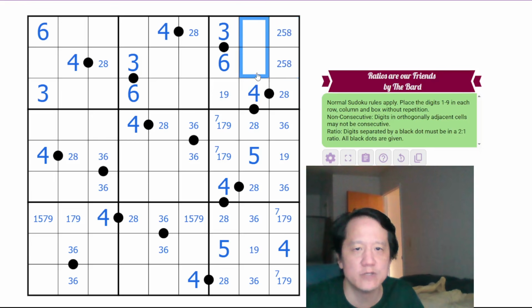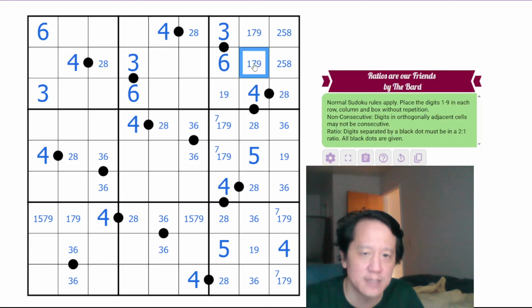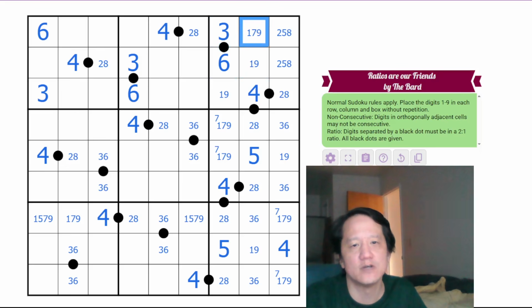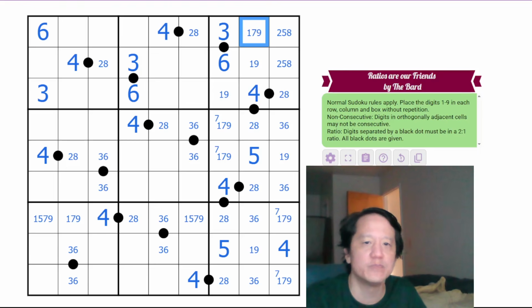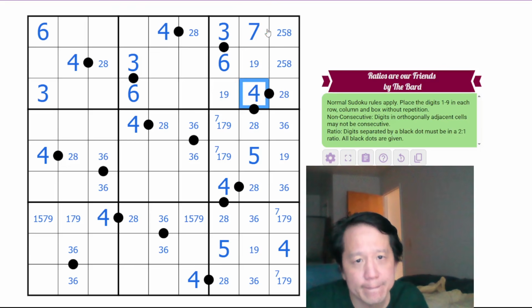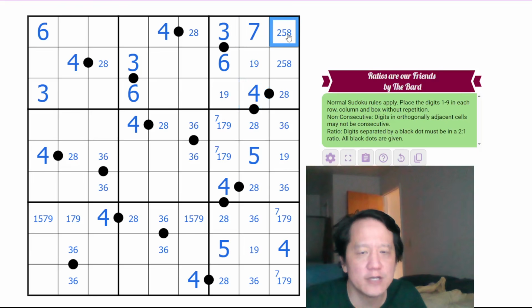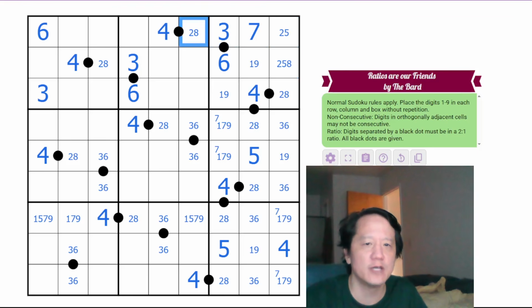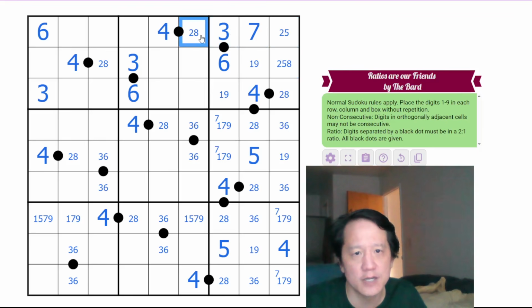This has to be 1, 7, and 9 remaining in this upper right-hand box. And 7 cannot be next to a 6. So therefore, where's 7 in this box? It has to be there. 7 cannot be next to 8, so this cannot be 8 here. 3 can't be next to 2, so this cannot be 2.